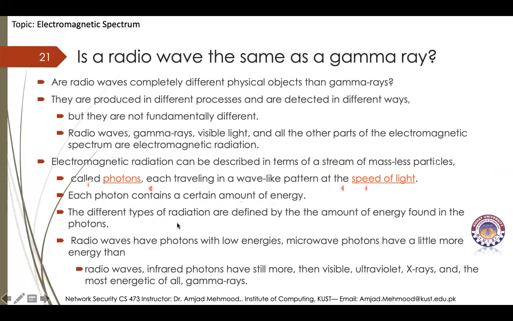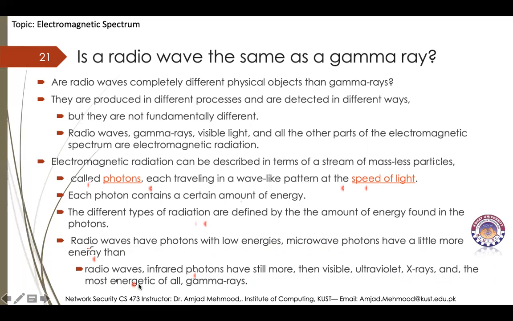The different types of radiation are defined by the amount of energy found in the photons. Radio waves have photons with low energies. Microwave photons have a little more energy than radio waves, infrared photons have still more, then visible, ultraviolet, X-rays.